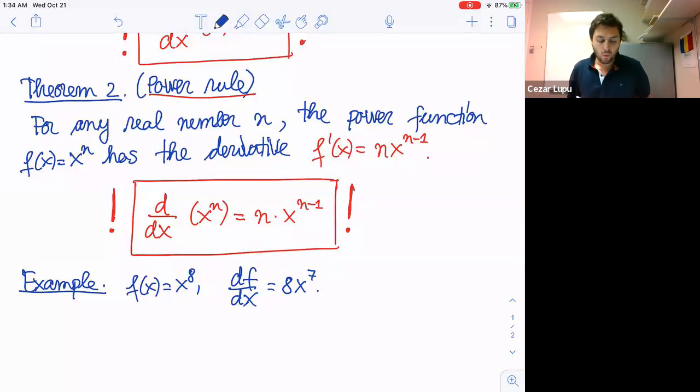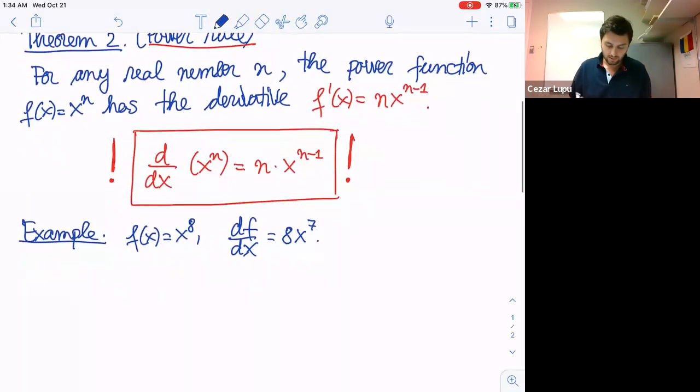Now I'm going to give you some rules, some procedure for when you have two functions and you would like to find the derivative of the sum, of the difference, of the product, of the quotient, and so on.